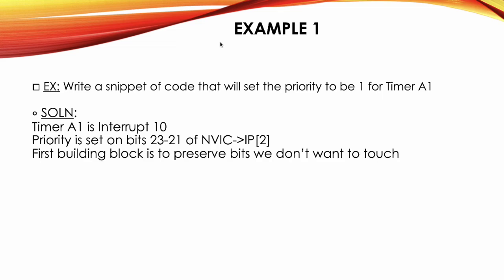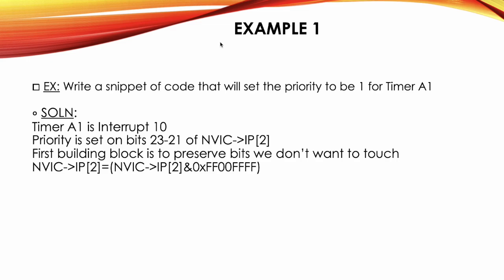The first building block is to keep the bits that we don't want to touch. I can do that by taking the existing data on the NVIC IP2 register and ANDing it with F, meaning all ones everywhere that I don't want to change.